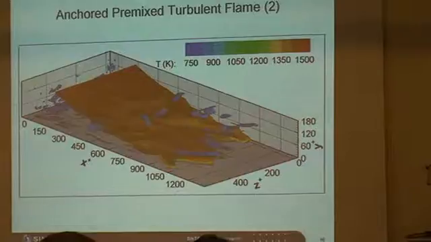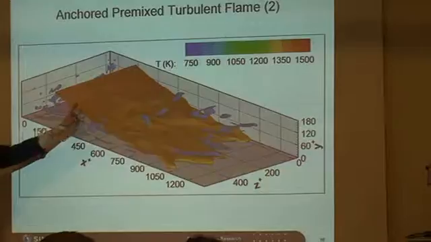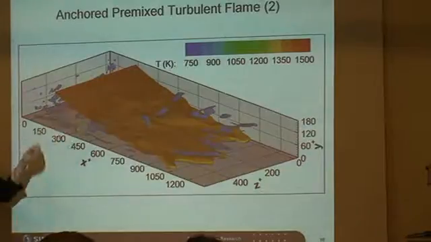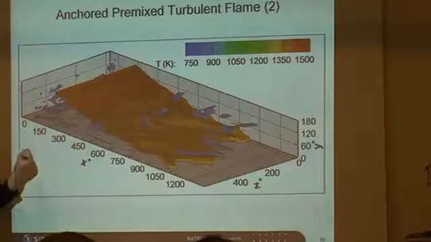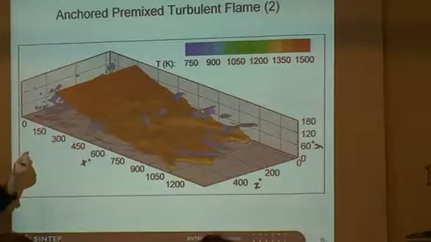What is the ratio of the turbulence velocity to the laminar flame speed? At the center it's about 1. This laminar speed I showed is 13 meters per second. It's very high, because this is preheated, and hydrogen has its peak at 1.5 equivalence ratio.